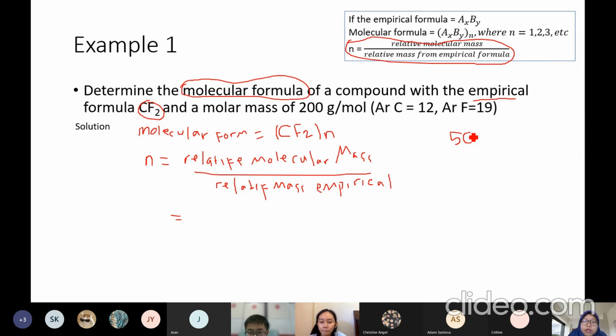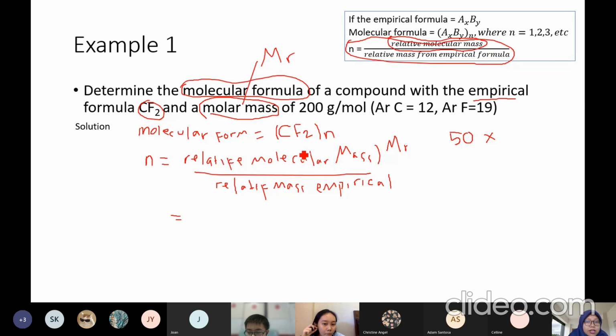No, not 50. Be careful. Relative molecular mass. Is it the same as molar mass? Molar mass or MR? MR of the compound. Listen, this one, MR.